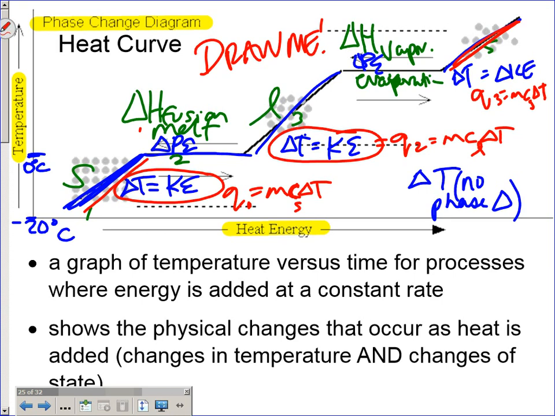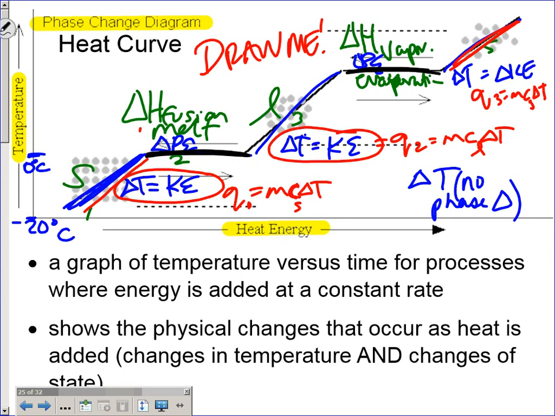But wait, there's more. This energy associated with phase change has its own Q associated with it. Same thing here. So I just told you that ΔH is calculated by doing Q over moles, right? So how would I find Q if I know both of these?